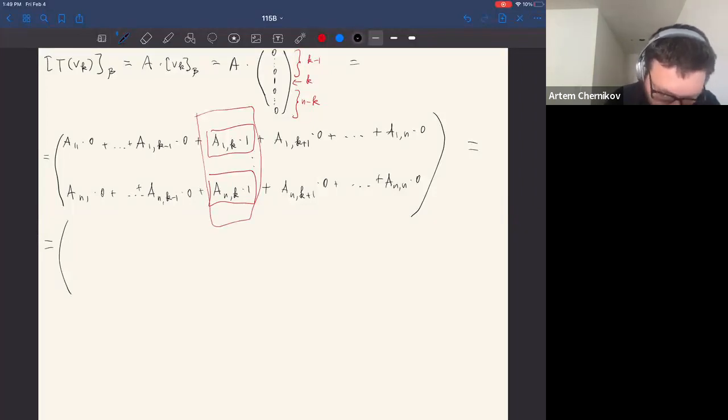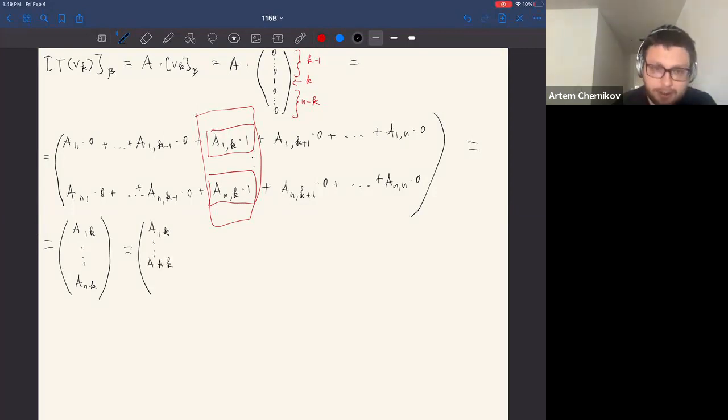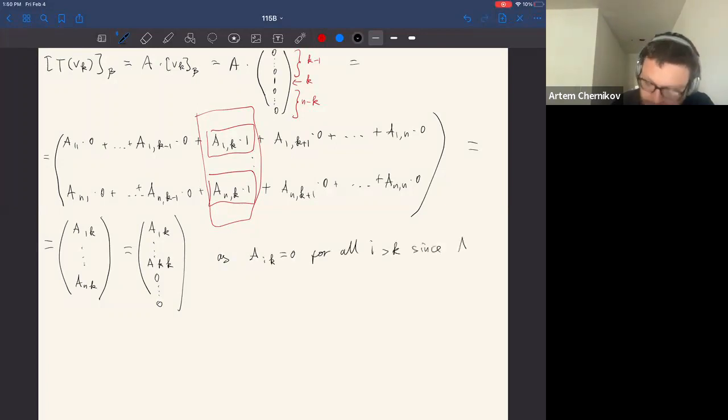So what remains are the things in this column. So we're left with a1k, etc., ank, right? This is the vector. But this is the same as a1k through akk. And after that, we have zeros, right? We know this because aik is equal to 0 for all i greater than k, since the matrix A is upper triangular.